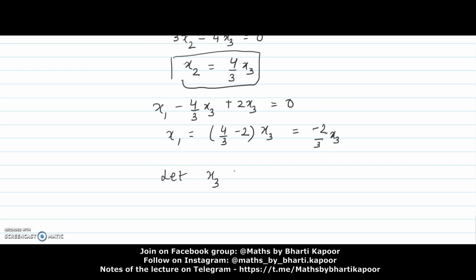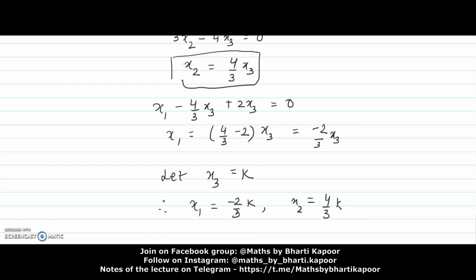Let x3 be equal to k, where k can be any real number. Therefore, what is the value of x1? It is minus 2 by 3 k and x2 is 4 by 3 k. For changing the values of k, we will be getting different values of x1 and x2. So there are infinitely many values of x1, x2 and x3.